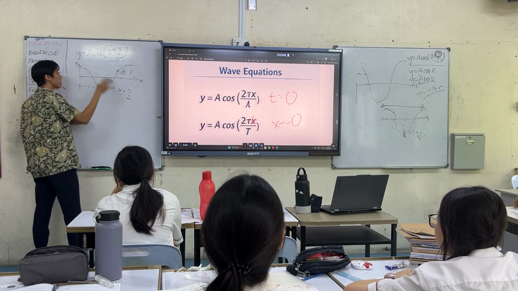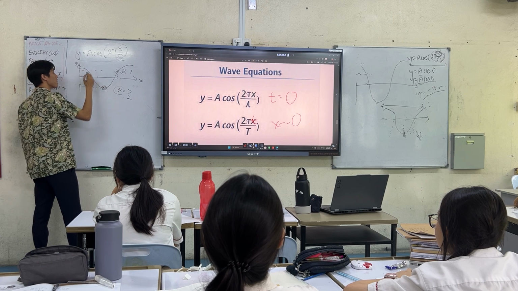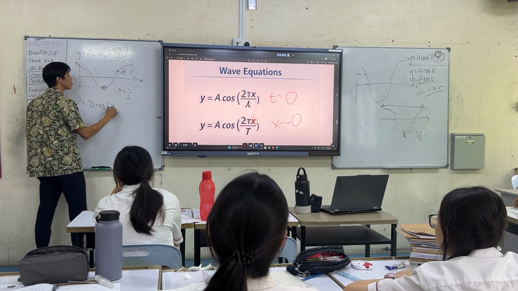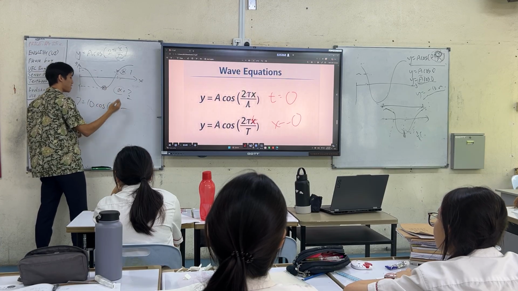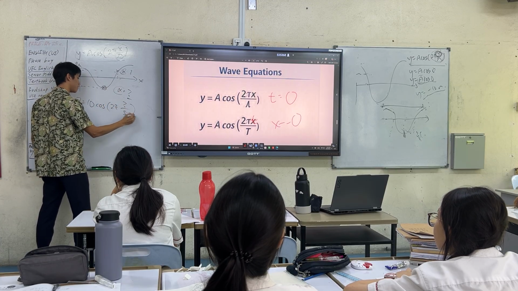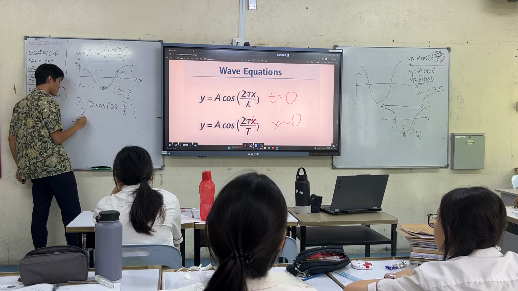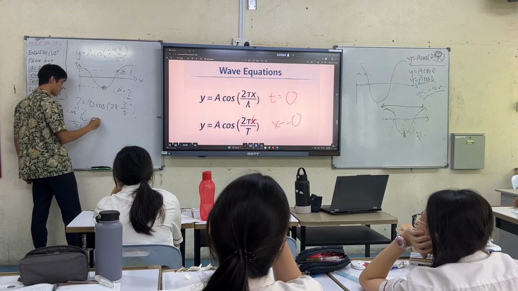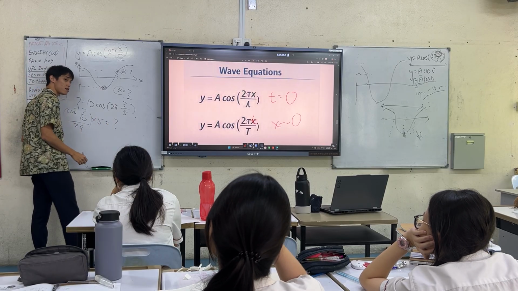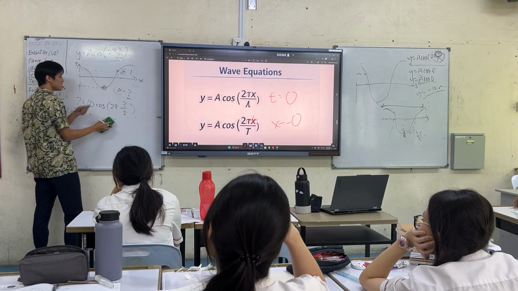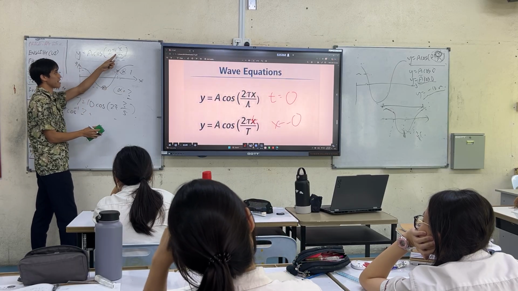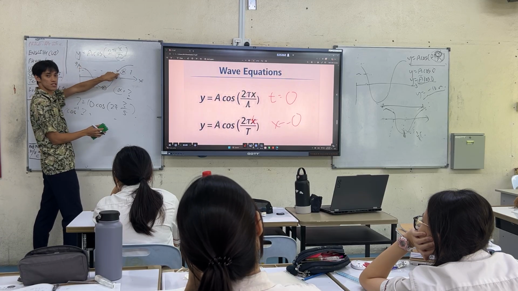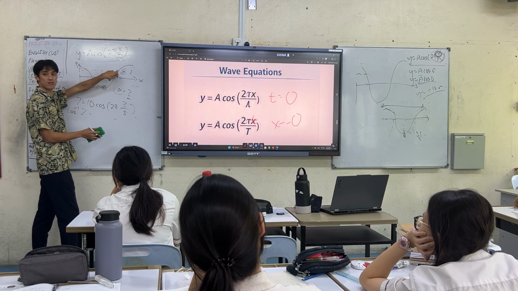You can find the height first. For example, y is 7, so you can say 7 equals 10 cos 2 pi x over lambda. If the lambda here is maybe 5, then you can find it. Then you just take 7 divided by 10, cos inverse, then divide by 2 pi and times 5. Any question? This is very simple. So if you're using an x-y graph, we can determine at this position the height or the position of x.